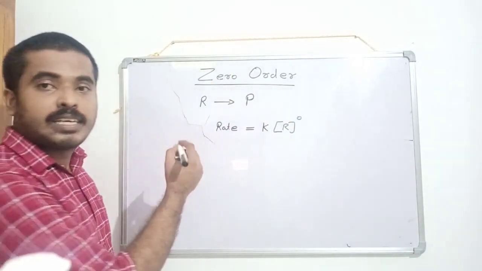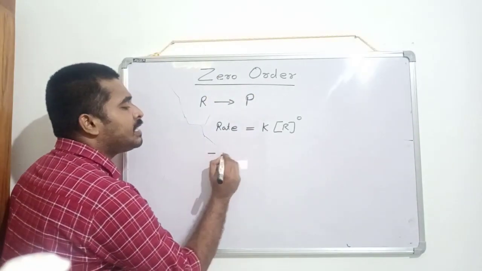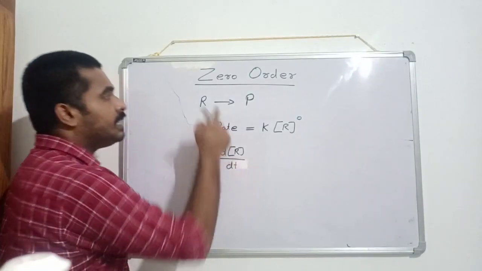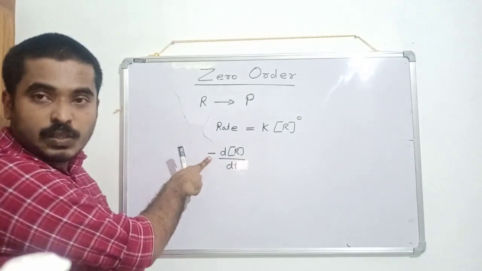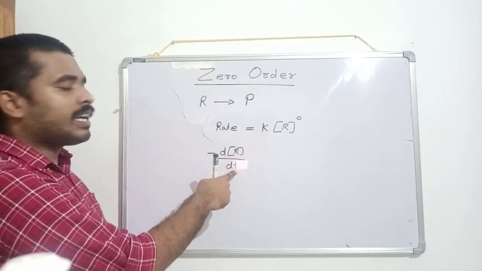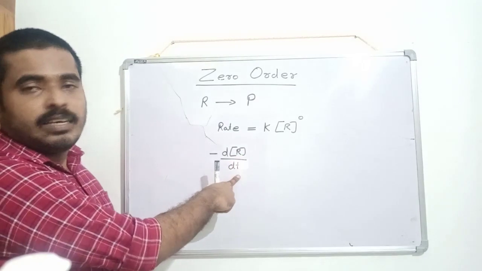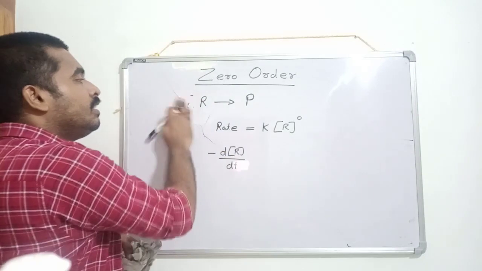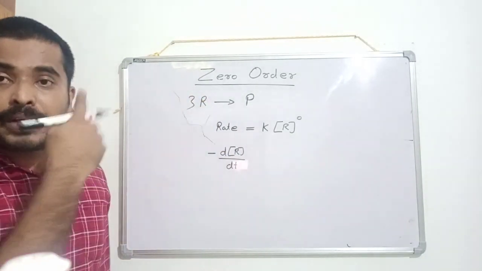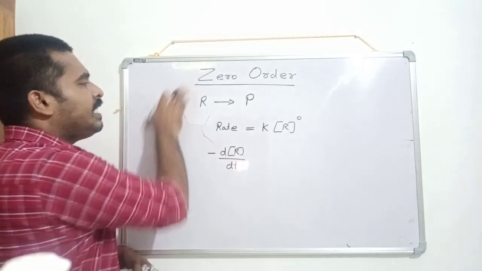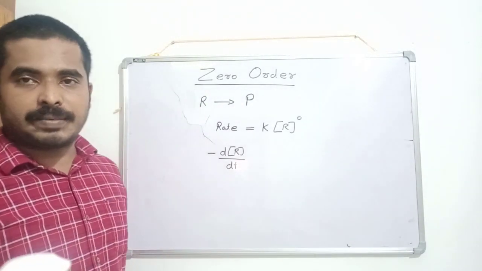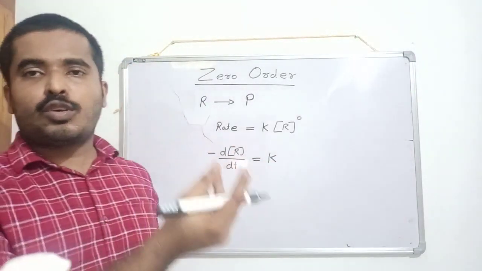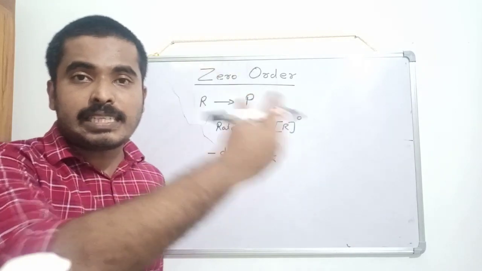Instead of rate, I can write minus d[R] by dt. Since R is a reactant, I need to write the negative sign. Here there is no number. If there were 2, I should have written minus 1 by 2. If it was 3, minus 1 by 3. Since here there is nothing else, it is simply minus d[R] by dt equals k. R raised to 0 means 1 itself. Anything raised to 0 is 1.